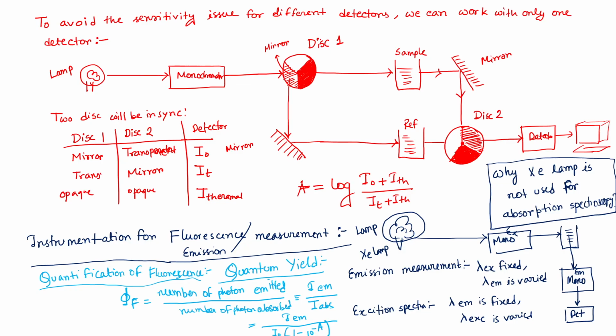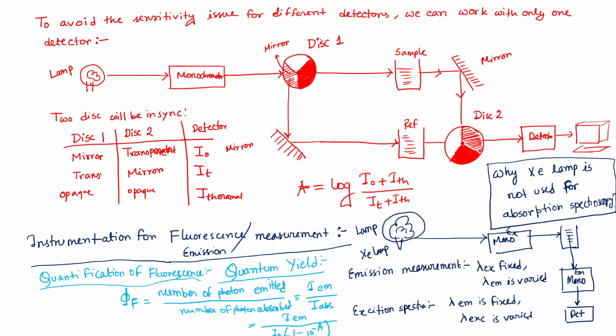We'll solve some numerical problems in the next session. Another option is the absolute method using an integrating sphere. If time permits, I will discuss this in the next session.